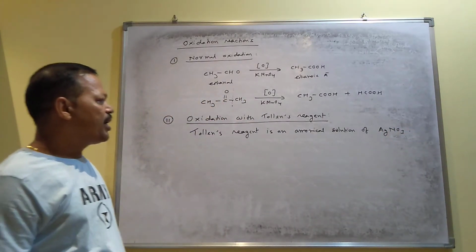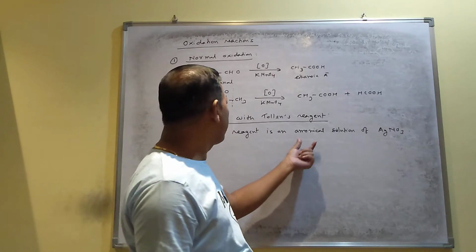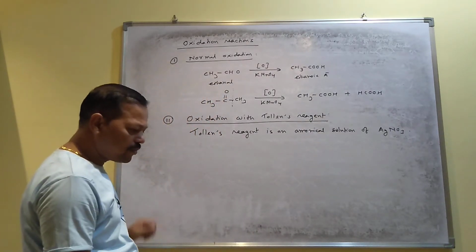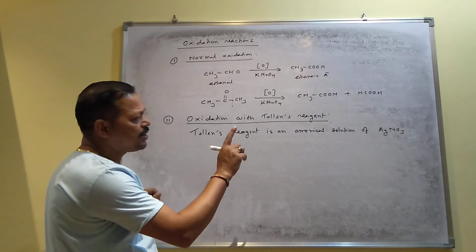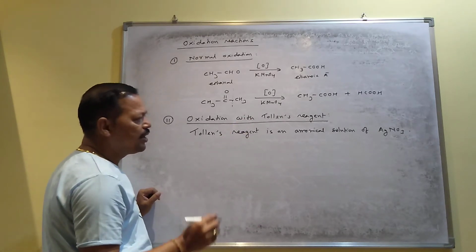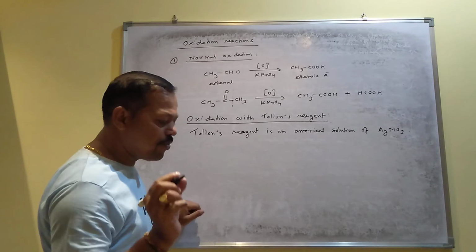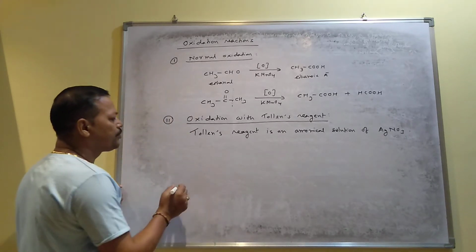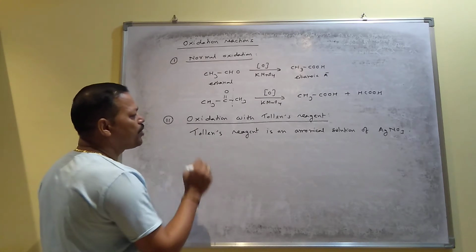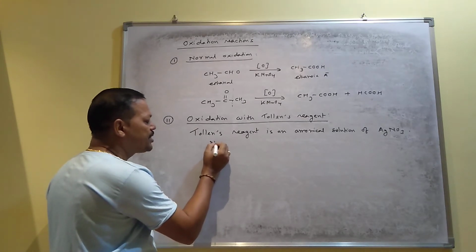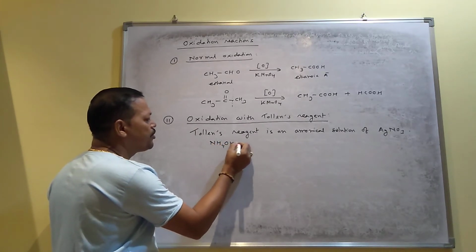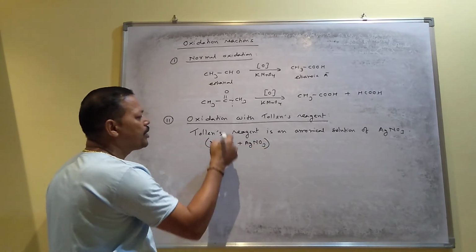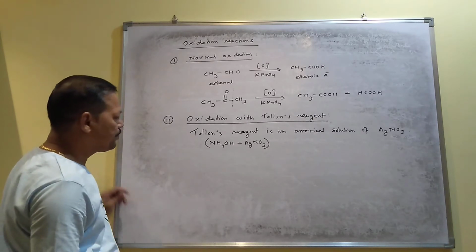I mean, when silver nitrate is mixed with ammonia, it produces a complex, and that complex is called the Tollens reagent. Normally Tollens reagent is prepared by mixing ammonium hydroxide and silver nitrate. By mixing these two, you can prepare the Tollens reagent.